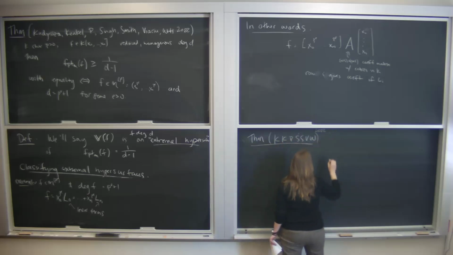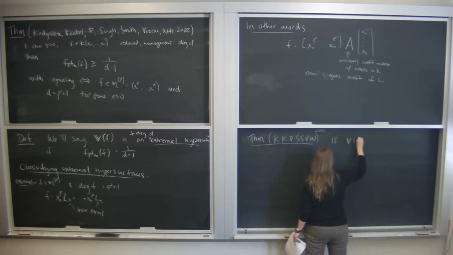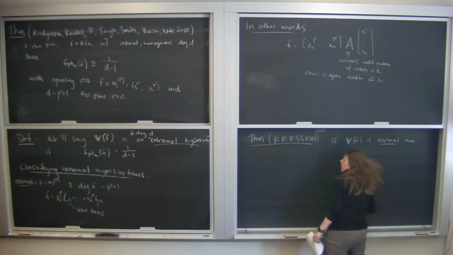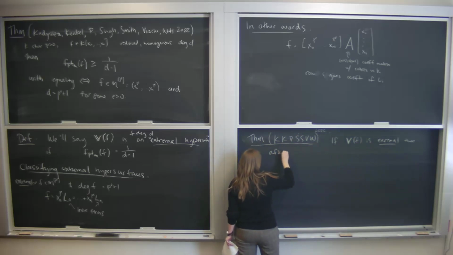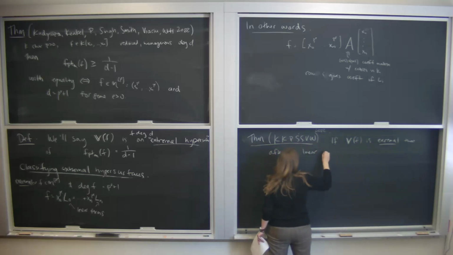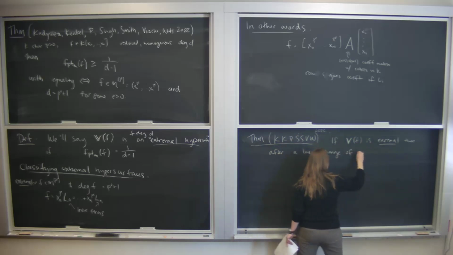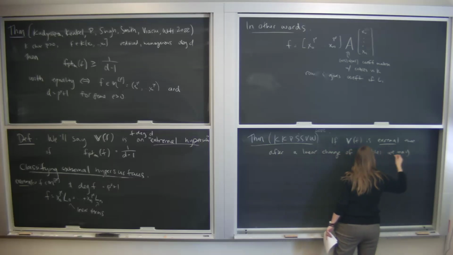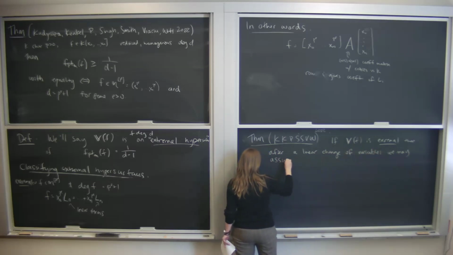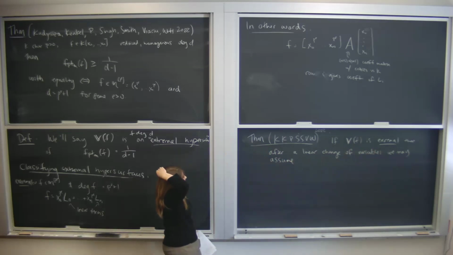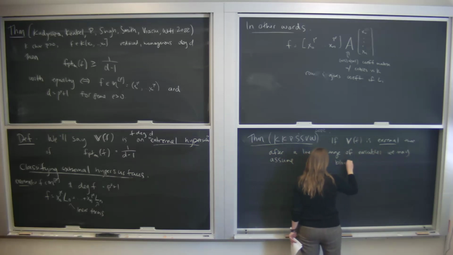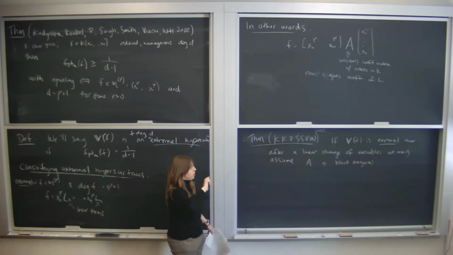So if F is extremal, then after a linear change of variables, we can always write it in this form with this matrix, so we can assume something about the matrix A. A is block diagonal, and you can put the blocks in any order you want just by swapping variables.